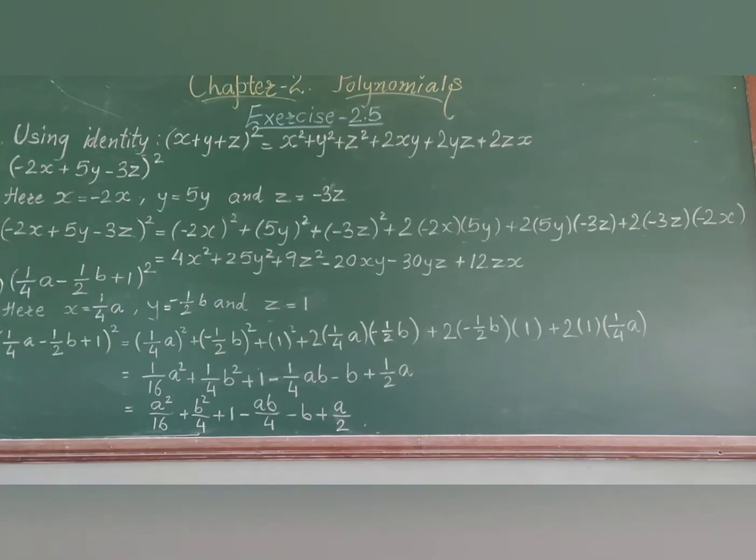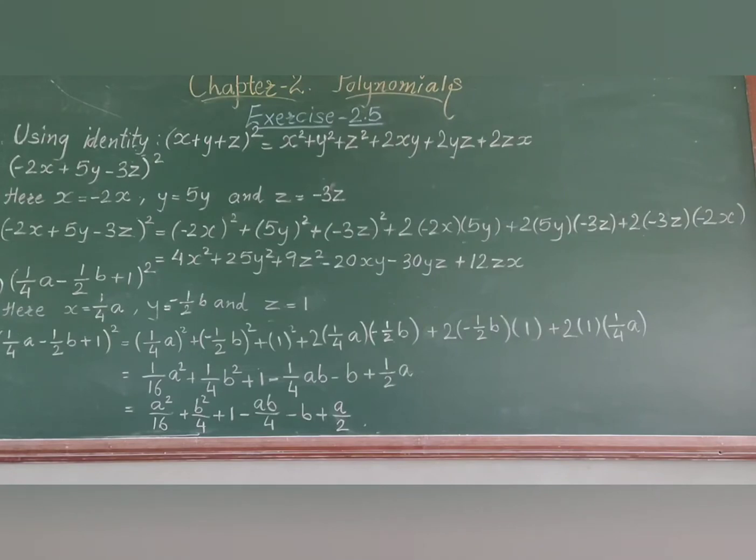On solving, we will get equal to 4x square plus 25y square plus 9z square. One negative remaining positive, so we will get the multiple product as 2 into 2, 4, 4 into 5, that is 20, so we will get 20xy.